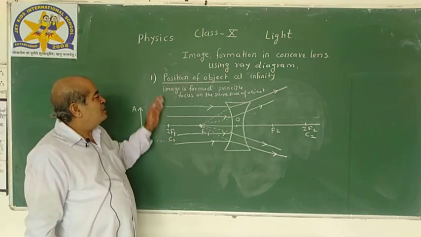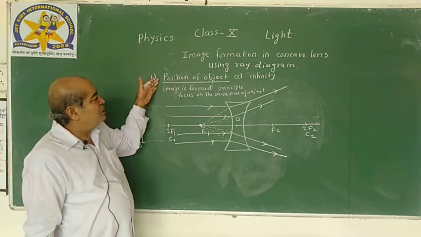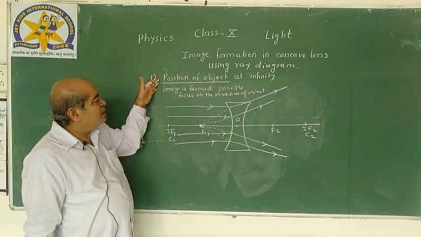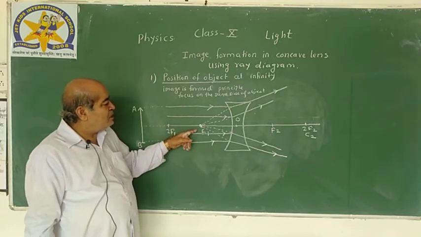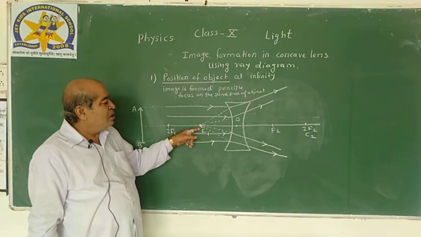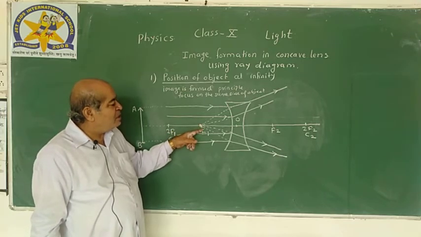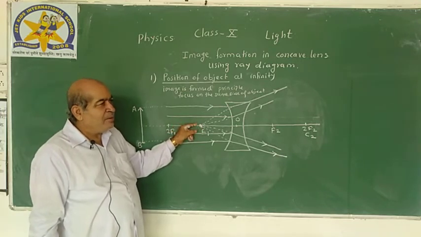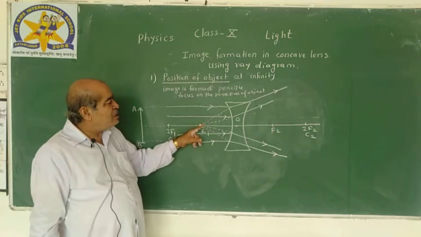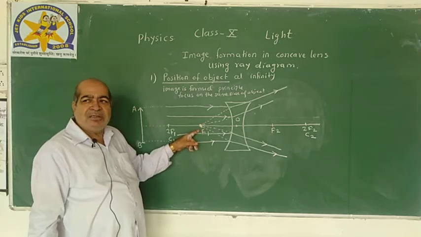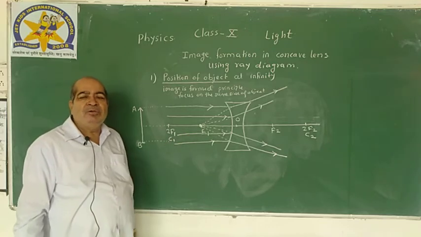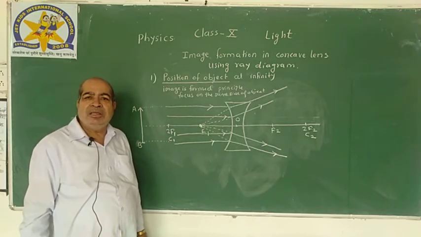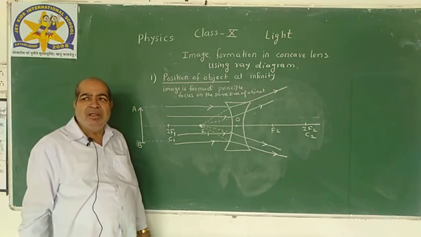Thus, the first position of the object is at infinity. The image formed is at the principal focus on the same side of the object, point sized and highly diminished, virtual and erect.